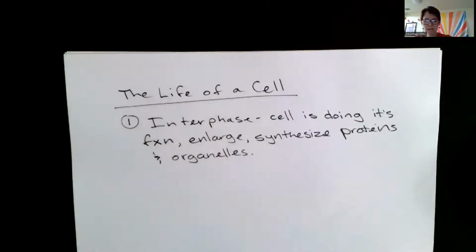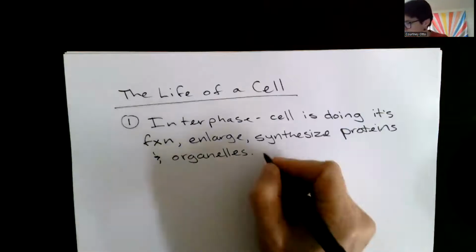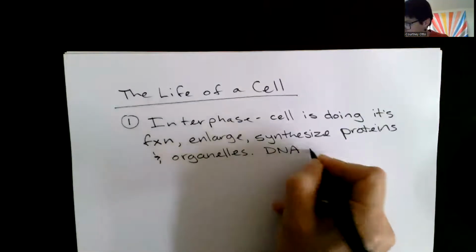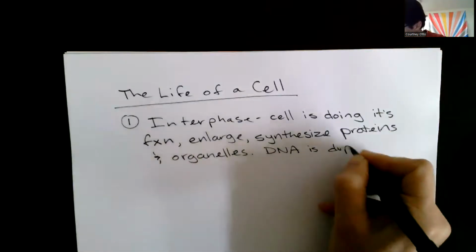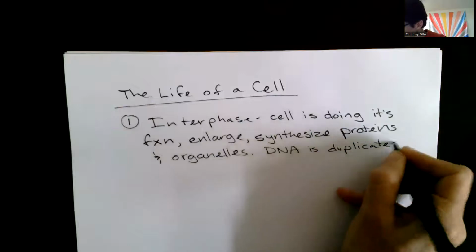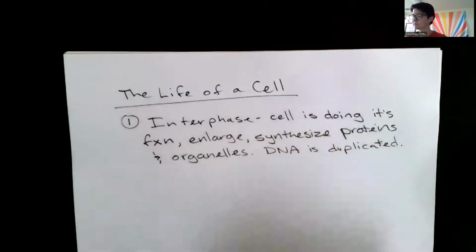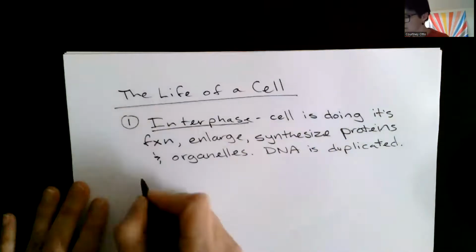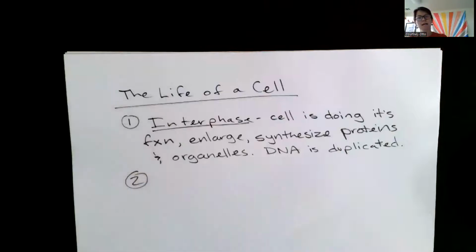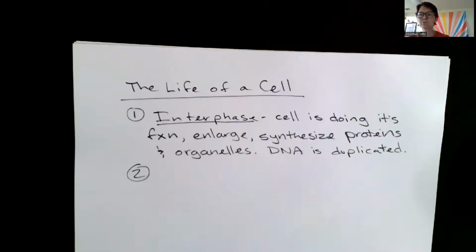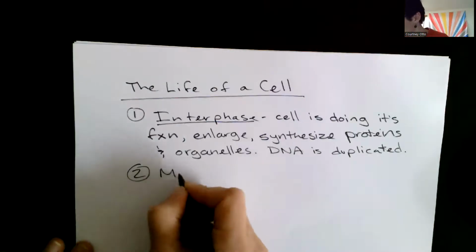And the DNA, before it can enter the next phase, is going to have to be duplicated. The DNA is going to have to be copied before we can enter the second phase in the life of the cell. And the second phase is called mitosis and cytokinesis.